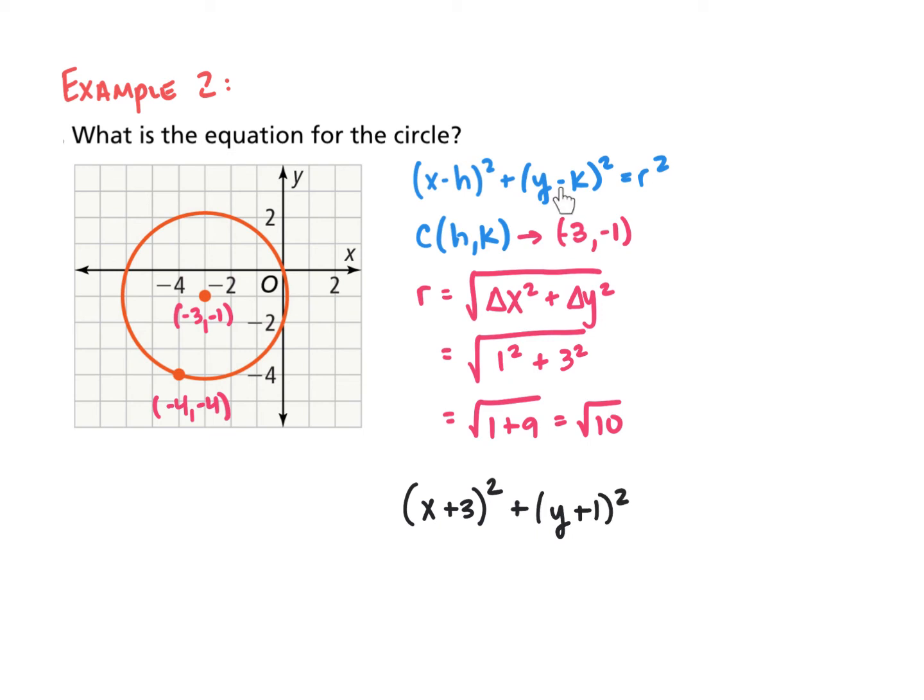It happens again because I'm subtracting -1, so it turns into plus 1, equals the square root of 10 squared. Now I can clean up that r squared part: x plus 3 squared plus y plus 1 squared equals 10. And again, it's 10 because the squared and the square root cancel each other out. Careful not to put 10 squared here. That squared goes away when it takes off the square root from the 10. So I just have the number 10 right there.